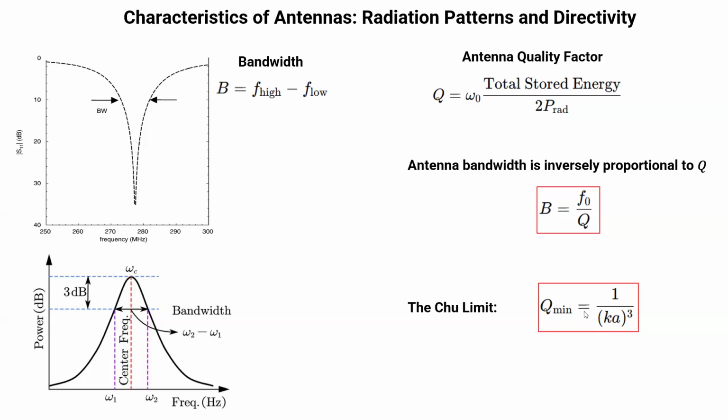Like for our cell phone, which operates at a frequency of around 3 gigahertz, this characteristic size is maybe a centimeter or so. So we cannot make an antenna smaller than this limit. Do you have any questions about this part?